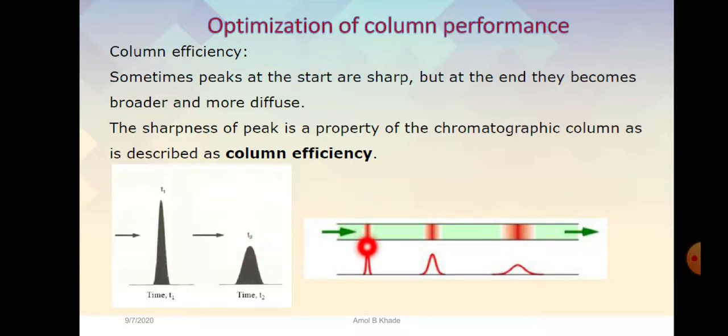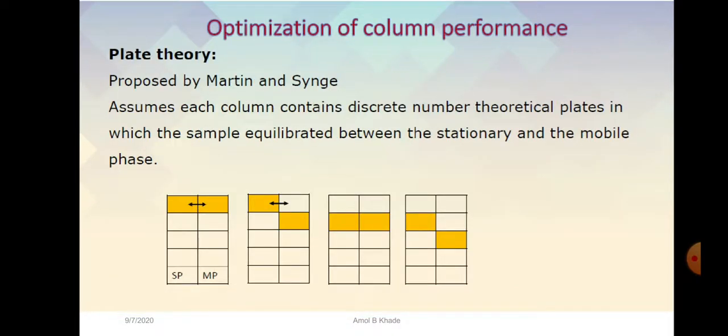If the sample moves in this fashion inside the column, usually we get a sharp peak. Here the sample is a bit diffused in a band, so the peak is getting broader. This is more diffused, so the peak becomes broader and broader. And if we get a broad peak, it is very difficult to measure the peak height or the area of the peak.